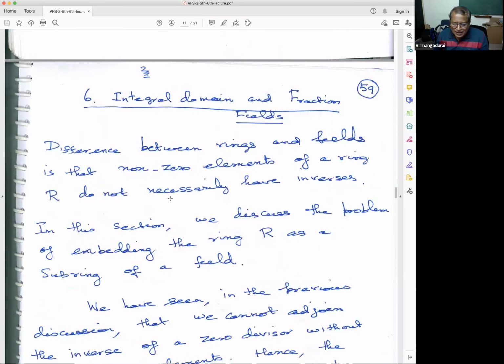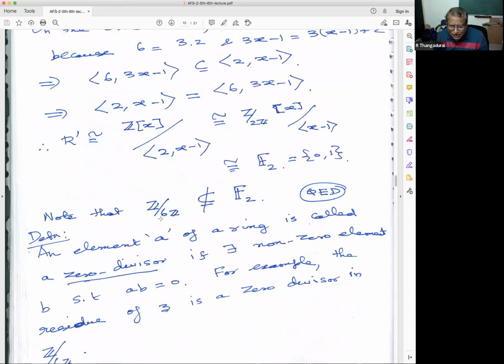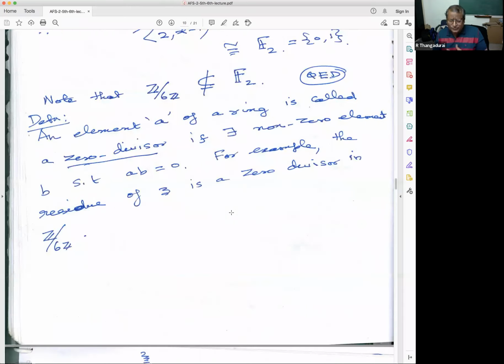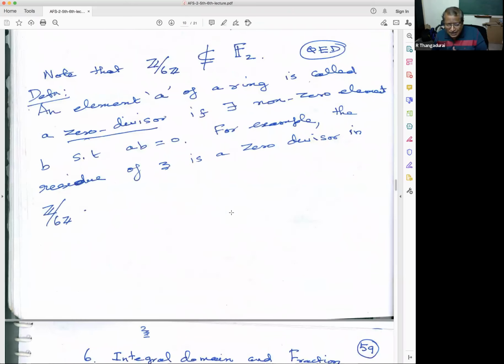Here you see, zero divisors are there. Z mod 6Z has a zero divisor. This we are not able to push inside a field. At least in this example, it is not contained inside a field. The natural extension ring is not inside.